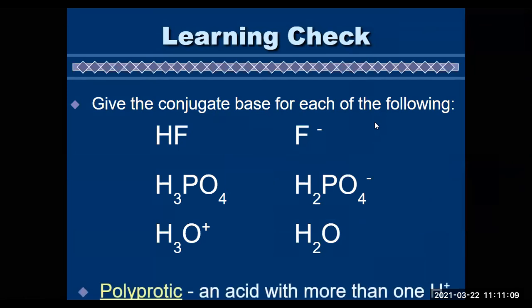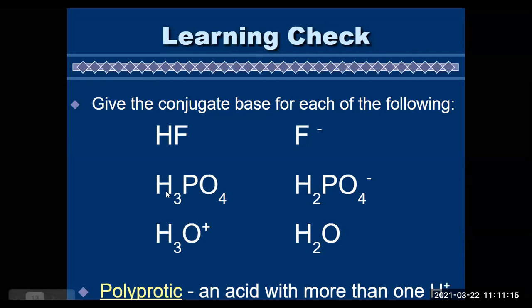All right. So a polyprotic is an acid with more than one hydrogen ion. Examples are H3PO4, H2SO4, H3PO3. All those acids that have more than one proton are called polyprotic.